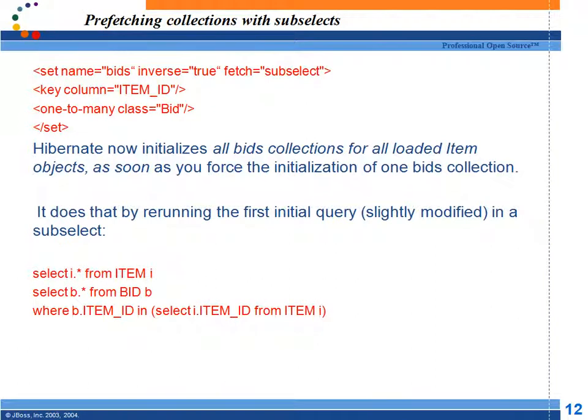Now another thing, for the set, if I say subselect, one item has a number of bids, right? If I say item dot get bids, what will happen? If I don't write like this, it will fire a separate query.